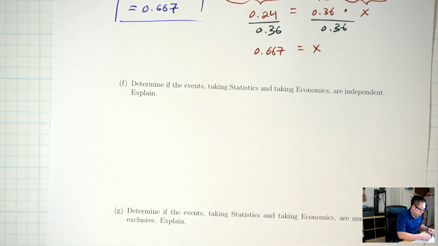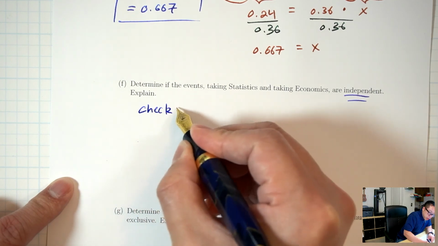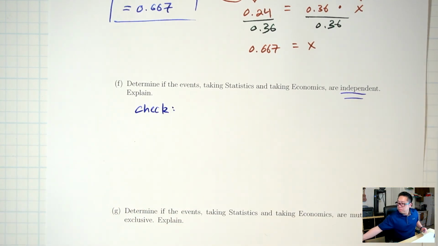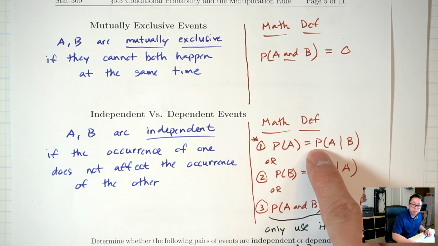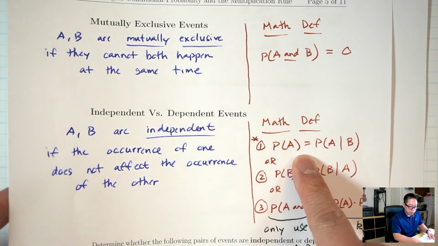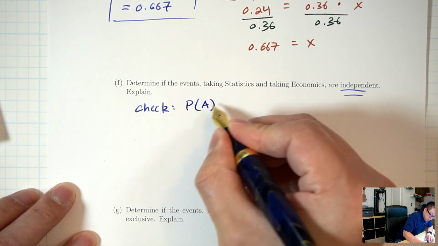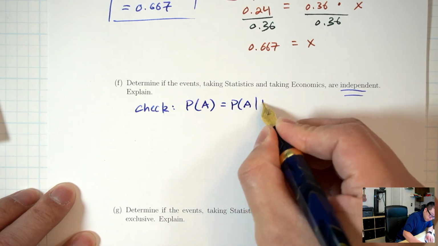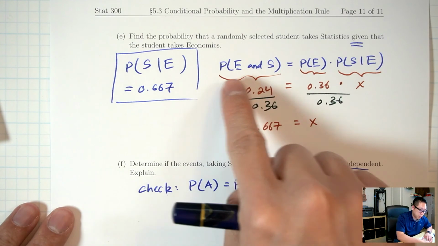Part F, determine if the events taken statistics and taken economics are independent, right? So to check independent, which equation should I be checking? You have two choices. You have this one or this one. We're checking independent, so we're checking probability of A equals probability of A given B. And then let's rewrite this using the letters in this problem. So we're talking about S's and E's.